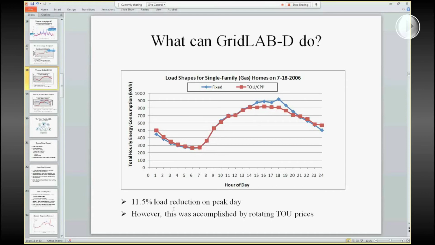And it was able to show that the potential reduction is about 11.5%. Again, this was in a very warm South Texas area, so 11.5% was actually pretty surprising.